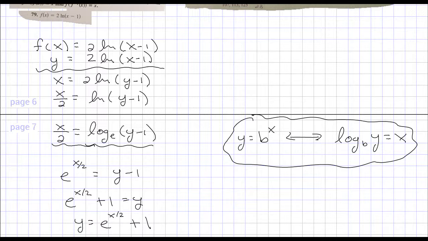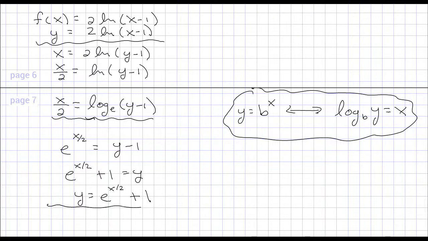The plus 1 is not part of the exponent. It is outside of the e to the x over 2. So that is my inverse function. f inverse of x is equal to e to the x over 2 plus 1. So that's part A.